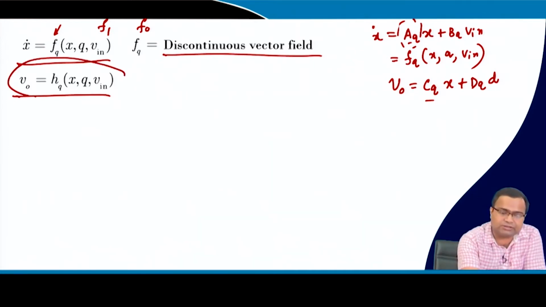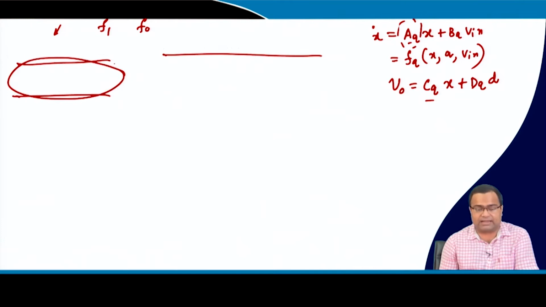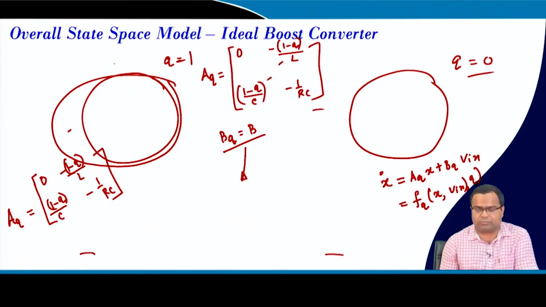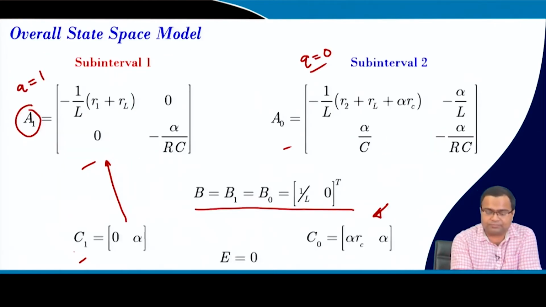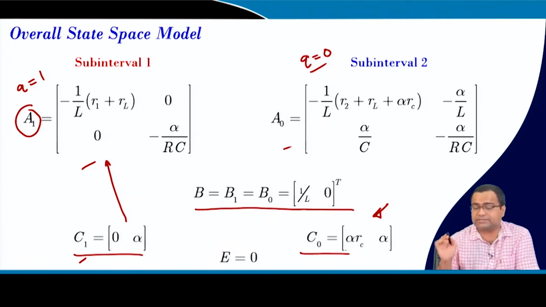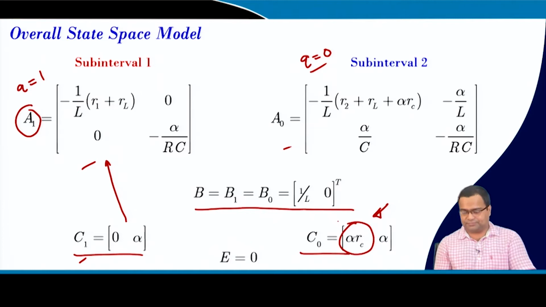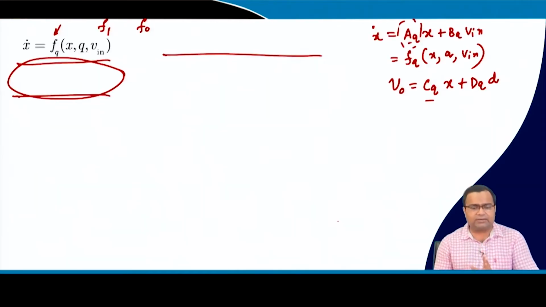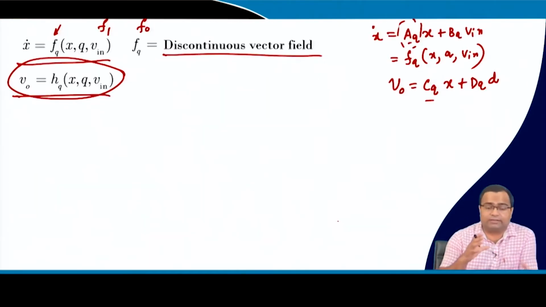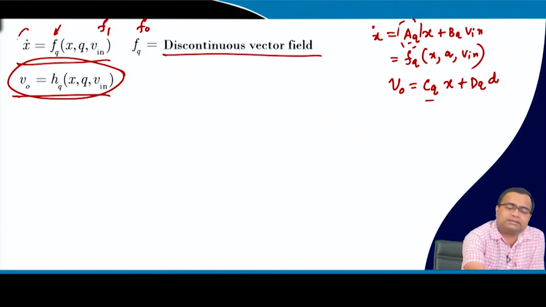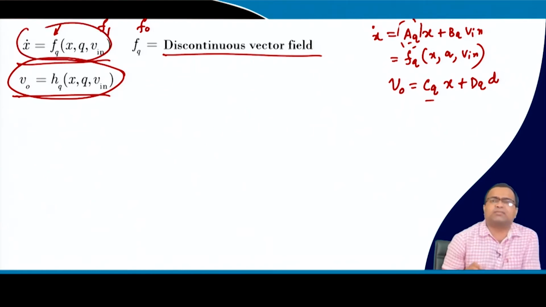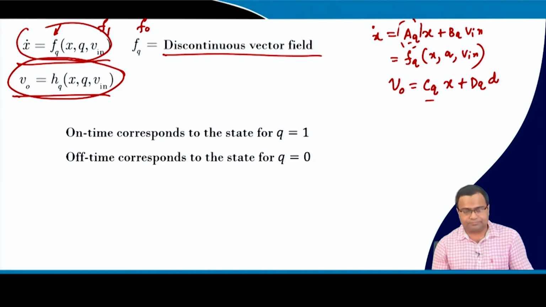But in the practical boost converter we talked about, C1 and C0 are different because this term is causing discontinuity. So in general, the vector field is discontinuous, and the output can also be discontinuous.